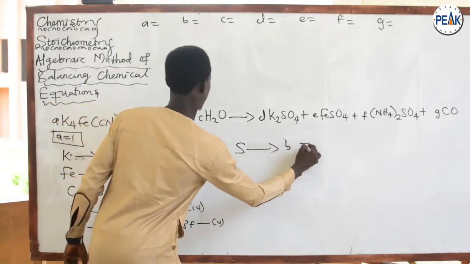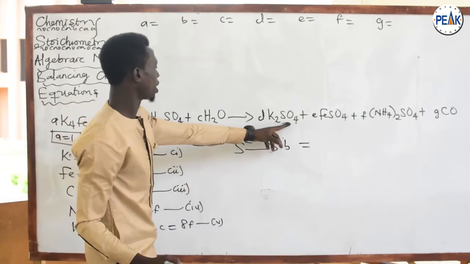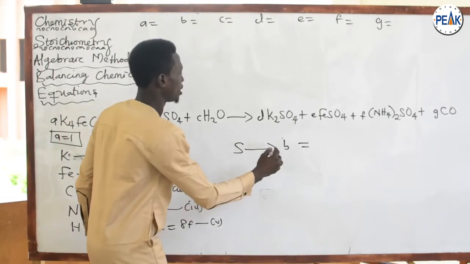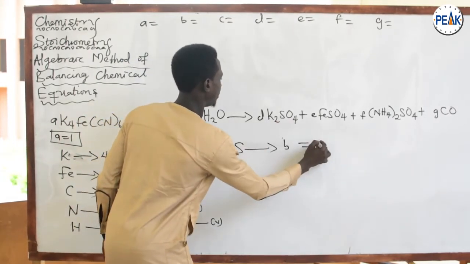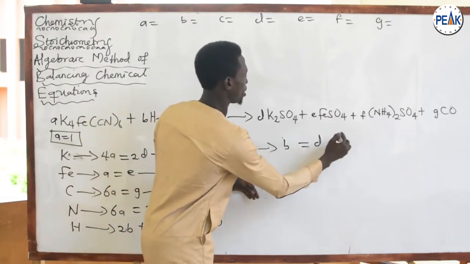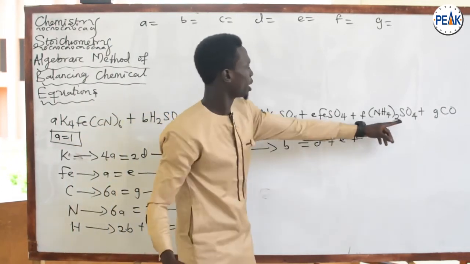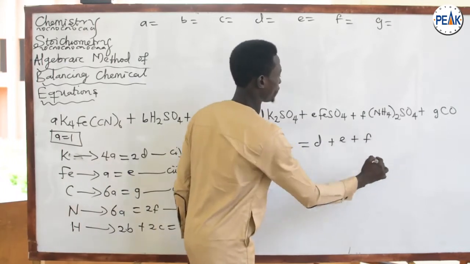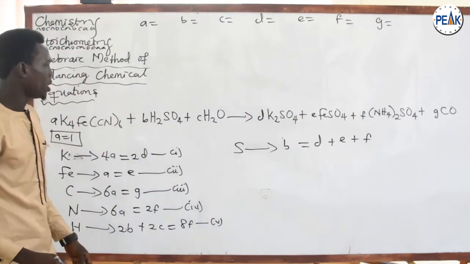Then it is equal to what? Where do I have sulfur again? On the product side. It is equal to D. B moles of sulfur is equal to D. I also have sulfur here, plus E. Where do I have sulfur again? Plus F. I believe we are following.